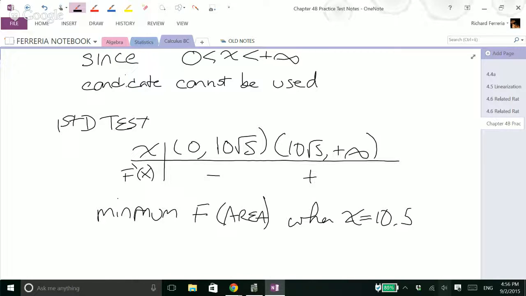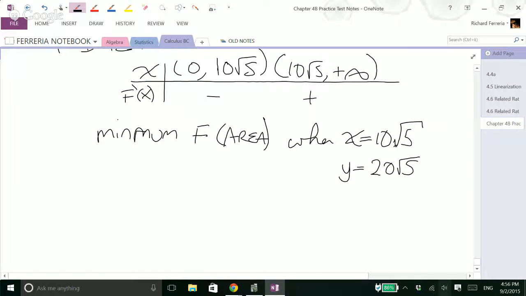By the way, if x is 10 root 5, what's y? 20 root 5. Okay. What's part B?